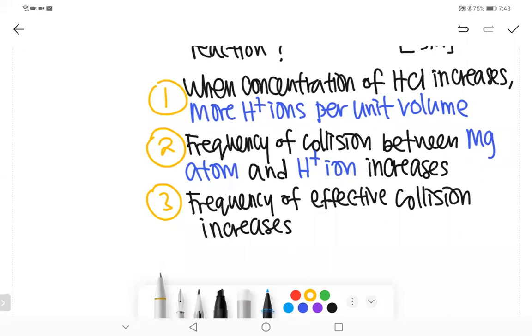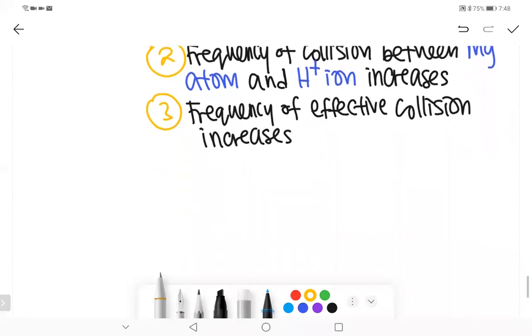So this is what you need to know, okay? When you understand the whole concept, it's very easy when you come to the explanation. So I hope all of you can understand the idea and the concept here, okay? So that's the second one.